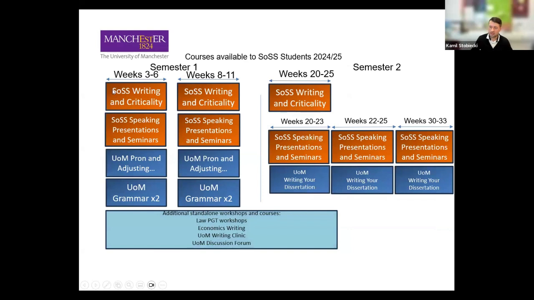Now we've got specific materials for the School of Social Sciences: 2 blocks of materials for writing, so 2 courses effectively, and 2 courses for academic speaking, one focusing on presentations, the other on seminars. We still offer university-wide pronunciation, adjusting to academic life, and grammar. So this is the change.